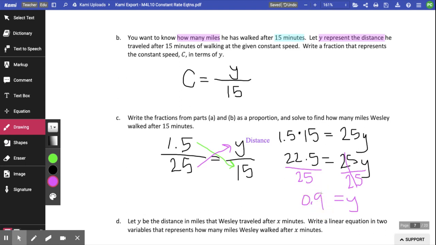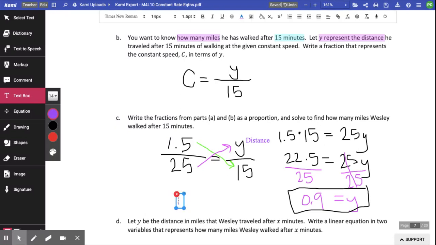And this is our final answer, y equals 0.9. Because this is a word problem, this actually has a meaning. This letter y represents the distance that Wesley has walked in the 15 minutes that he's been walking.